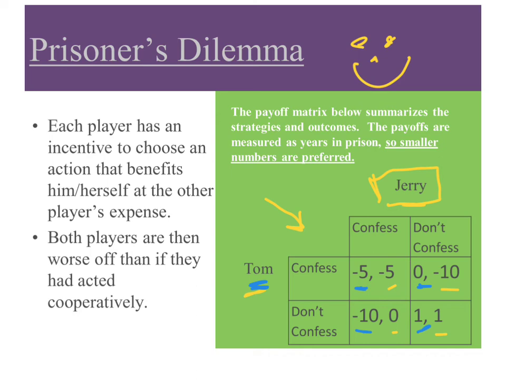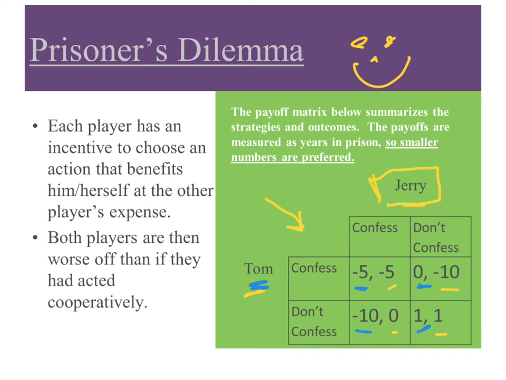He is going to decide what he should do. If Tom knows Jerry's definitely going to confess, Tom can make a choice. He can either confess and get 5 years in jail, or not confess and get 10 years in jail. Clearly he should confess. This is the better choice, 5 years. In this case, the lower numbers are better because we're talking years in jail.